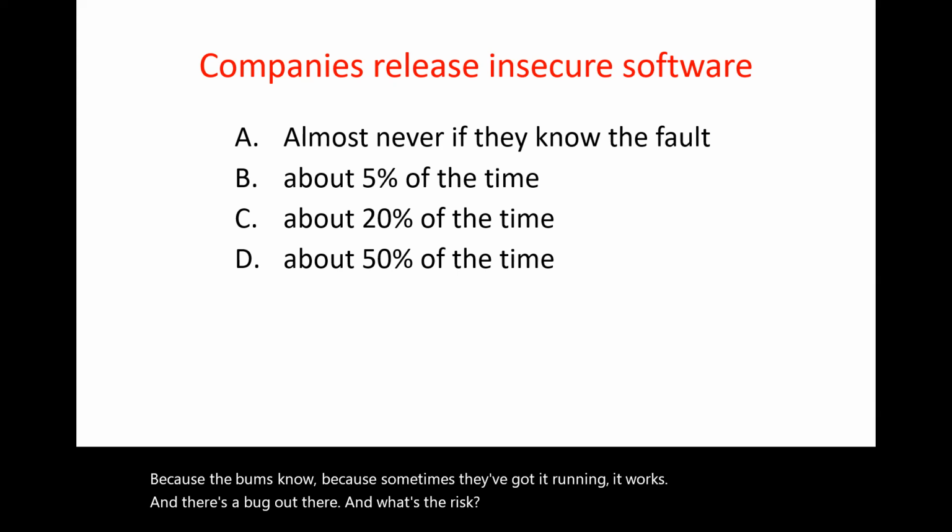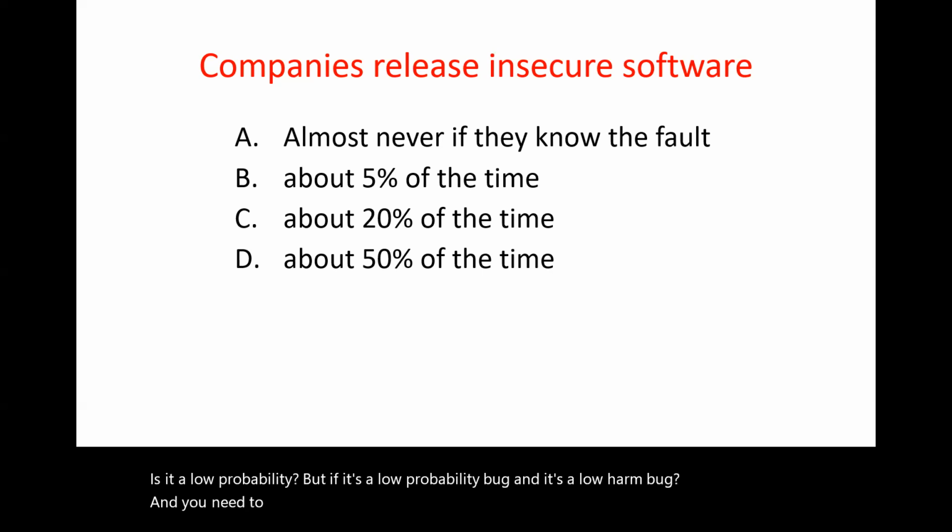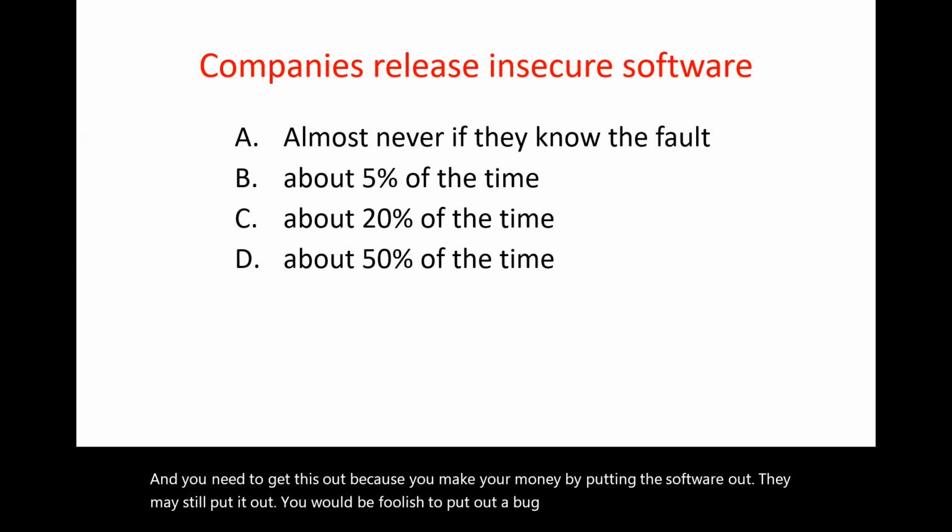Is it a low probability bug? If it's a low probability bug and it's a low harm bug, and you need to get this out because you make your money by putting the software out, they may still put it out. You would be foolish to put out a bug that has a high impact and is likely.